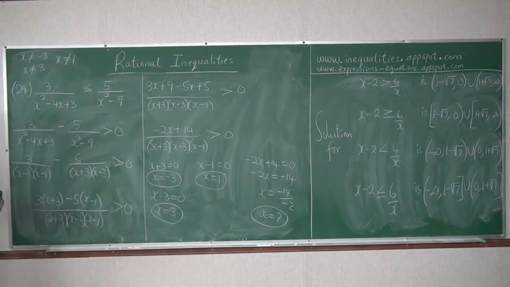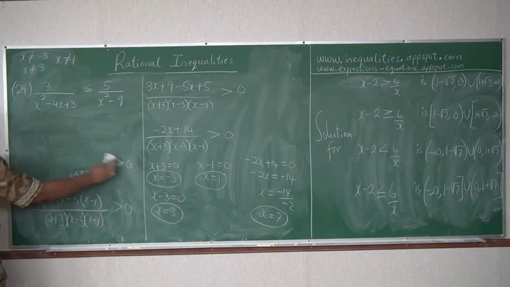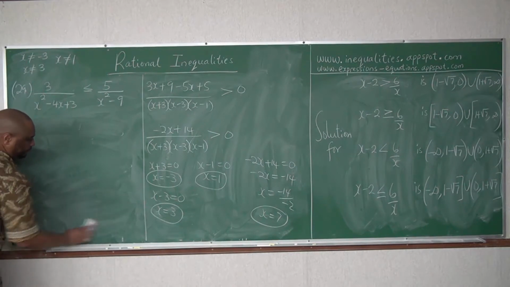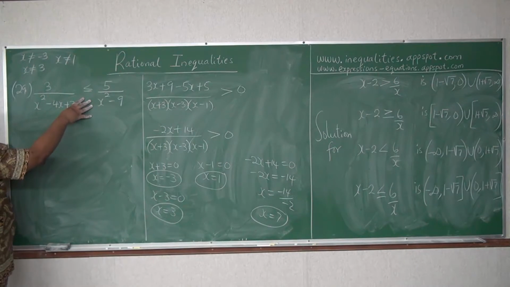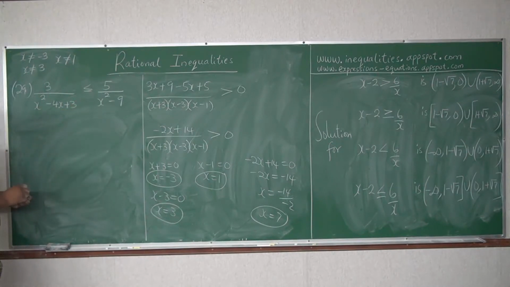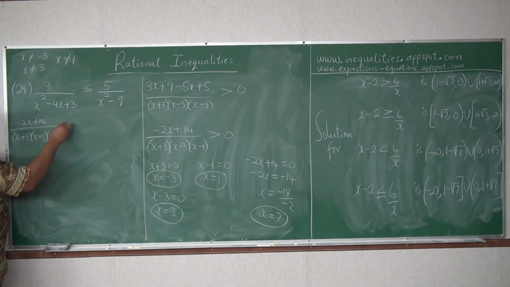We need space, so we can now get our test intervals. So I'm going to erase this here. This is the main inequality that we need. And this is the modified inequality. Minus 2x plus 14 over x plus 3, x minus 3 times x minus 1 greater than 0.